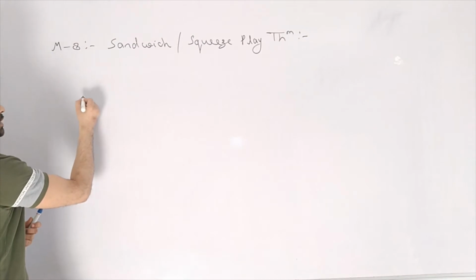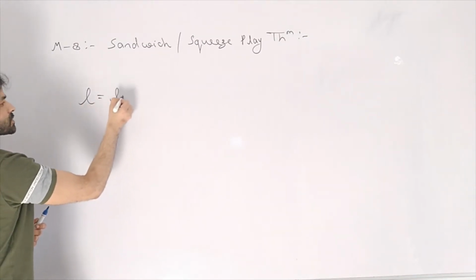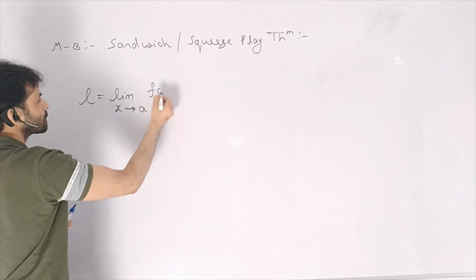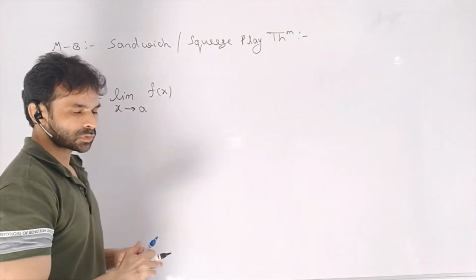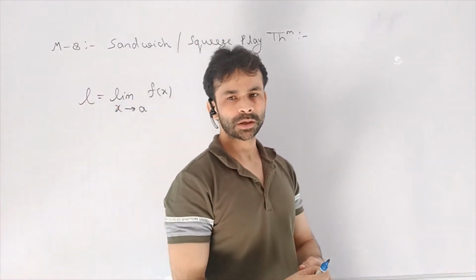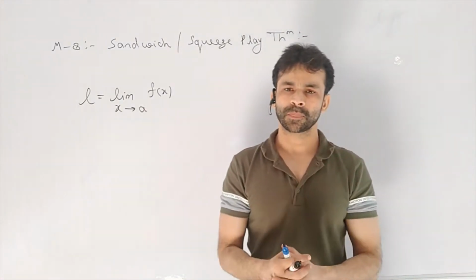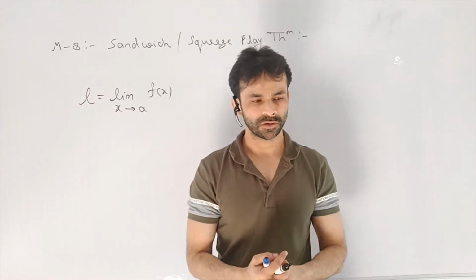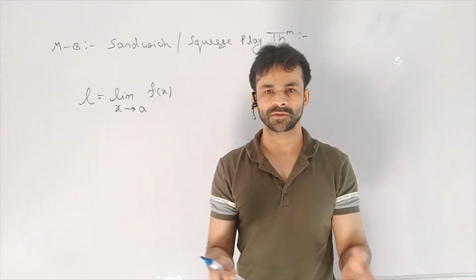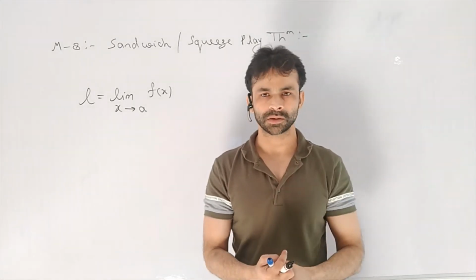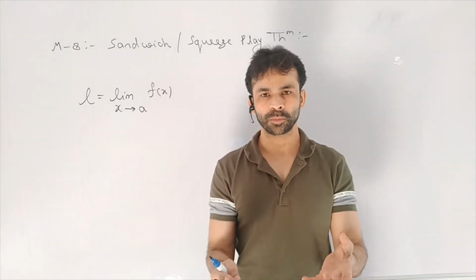Let's say you have a limit, limit x tends to a of f(x), and there is some reason that you cannot find this limit. The reason can be that some series is given and you cannot solve that series, or you don't have any method to solve that type of problem.